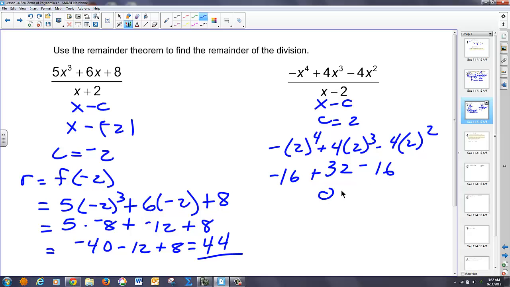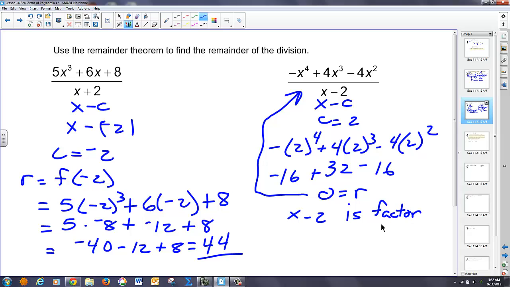And in this case, I get a remainder of 0, which means if ever I have a remainder of 0 after dividing into a function, then the term x minus 2 is a factor. And if it's a factor of the function, then it's an intercept.